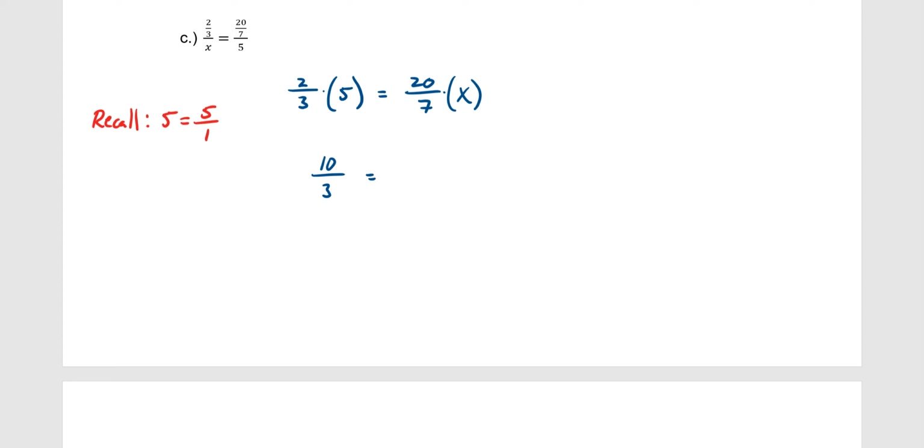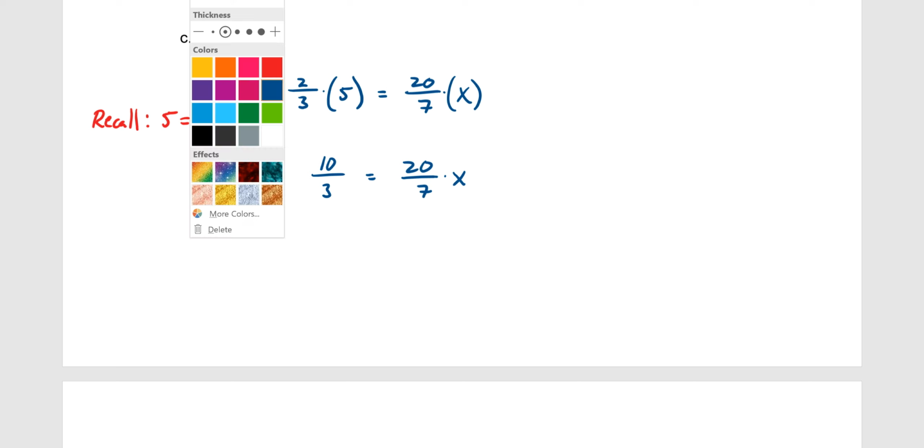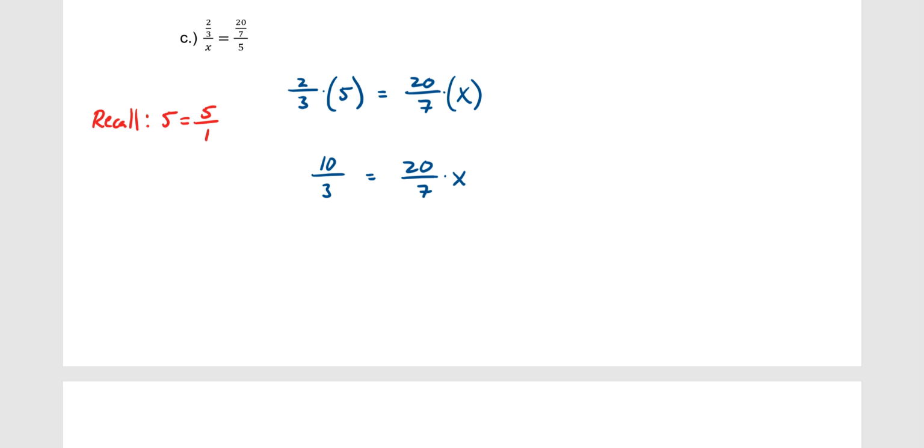And on the right-hand side, we're going to have 20 over 7 times x. I'm just going to write it without the parentheses now to make it a little cleaner. So what we could do here, instead of dividing both sides by a fraction, instead of dividing by 20 over 7, what we could do is multiply both sides by the reciprocal of 20 over 7. Okay, so this is so we're not dividing by a fraction.